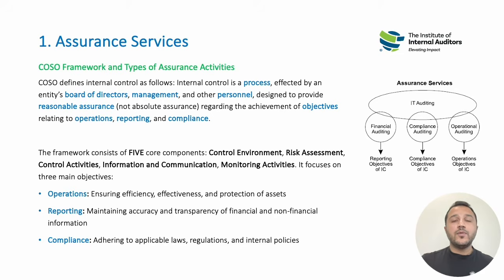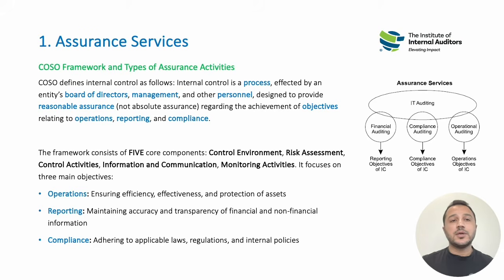The overall purpose of these five components is to ensure that the operations are effective within the organization and we are protecting our assets. The reporting is accurate, transparent and timely, be it financial reporting or non-financial information reporting. The third thing is compliance with the laws, regulations, internal policies, and standards.